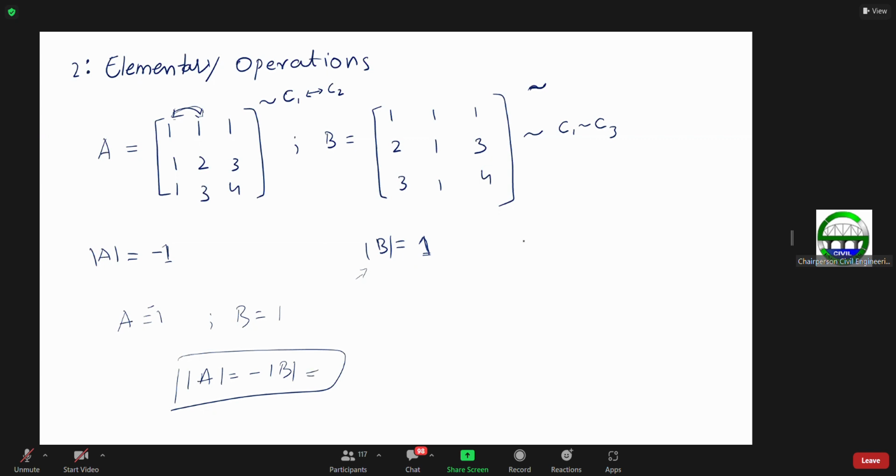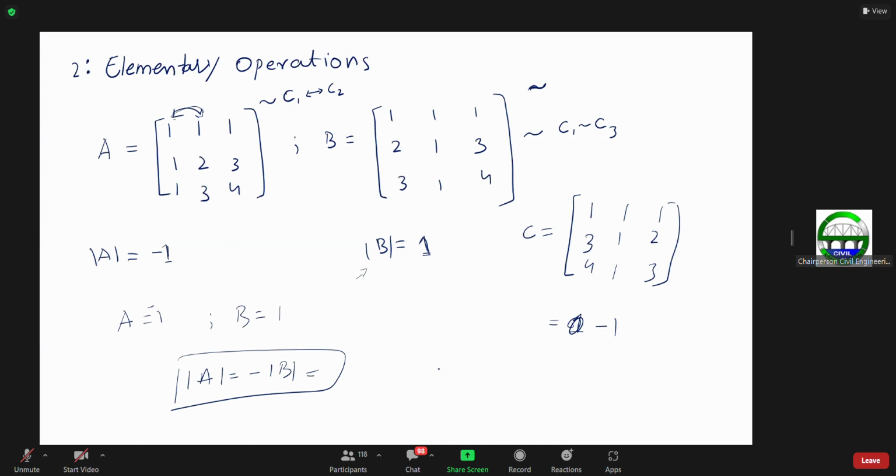So it will be 1 3 4, 1 1 1, 1 2 3. Now if you take its determinant, the answer will be 1. Oh sorry, minus 1 again.